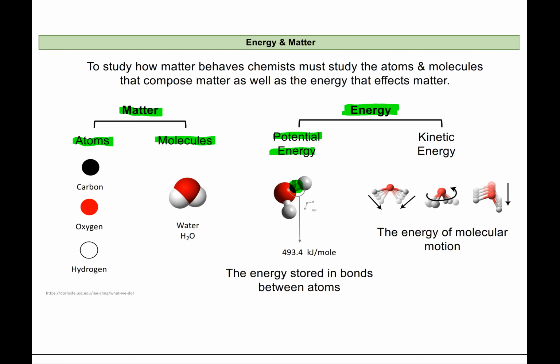That means that when this bond forms, it releases energy, and it requires energy to break that bond. For this example, this is water. That's about 500 kilojoules for every mole of water that you have. The other type of energy that molecules possess is kinetic energy, and that's really how it moves through space, how it rotates, how it wiggles, how it zips around the room if it's a gas.